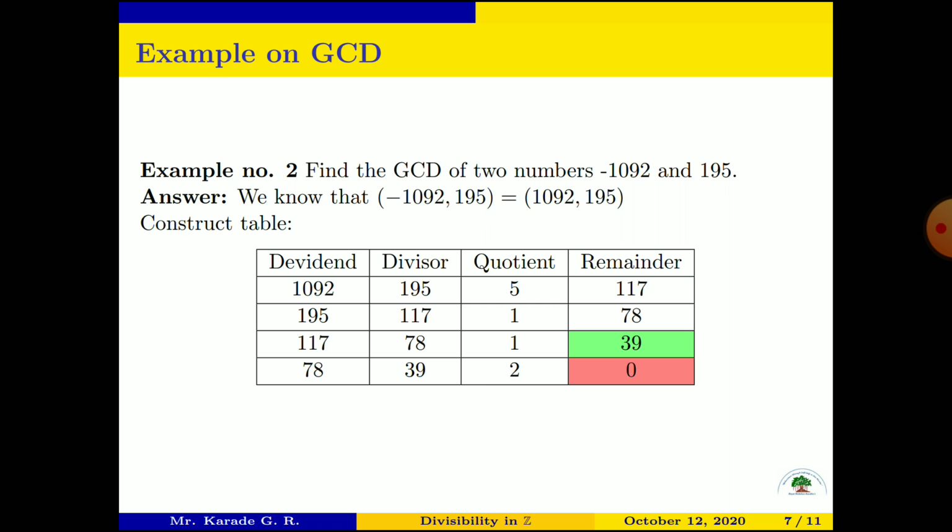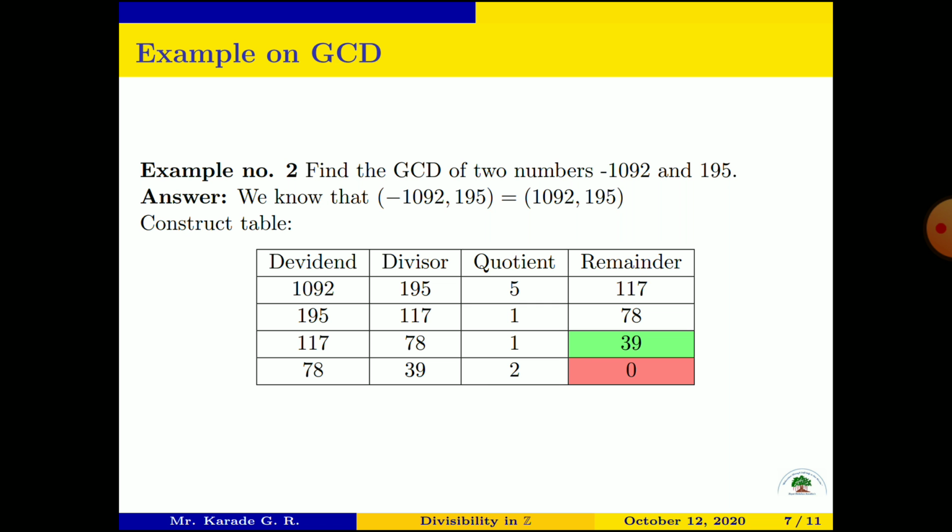Now in the fourth row, again we divide 78 by the remainder 39 which we got in the third row. We get the quotient 2 and a remainder 0.